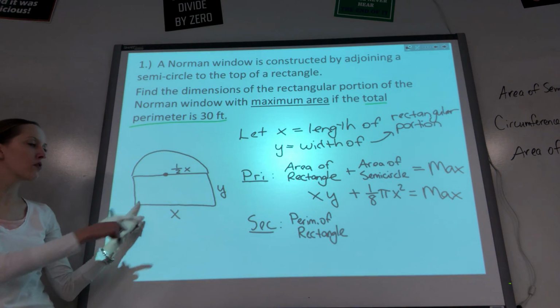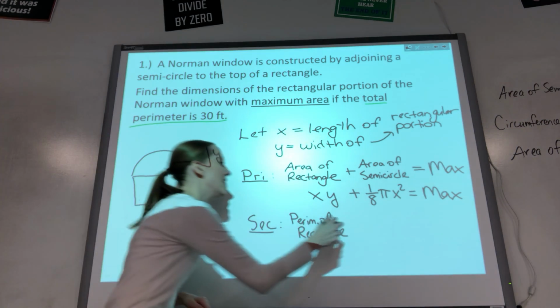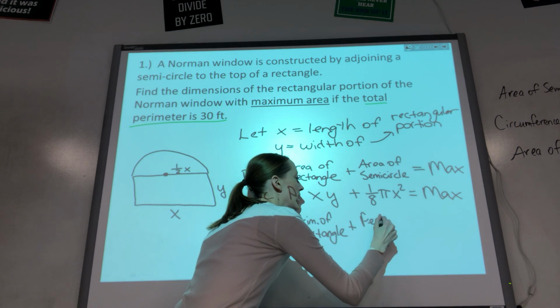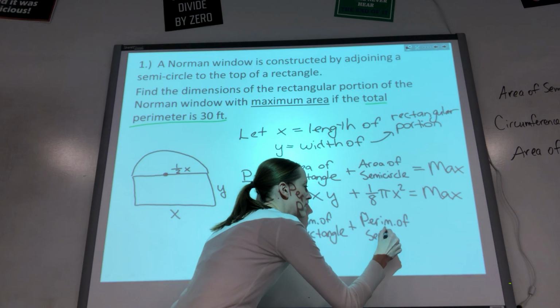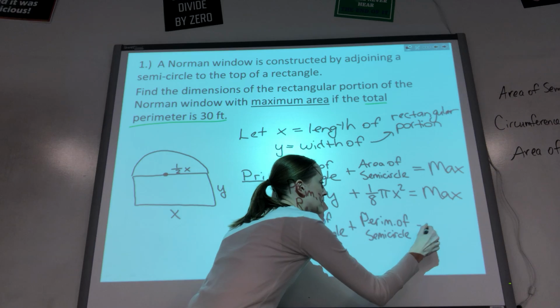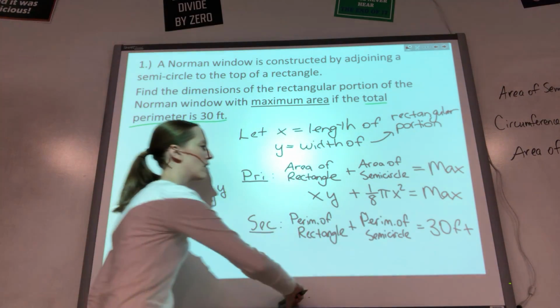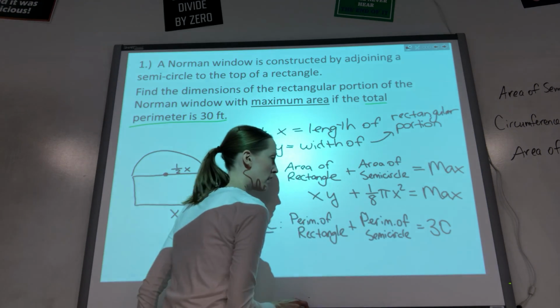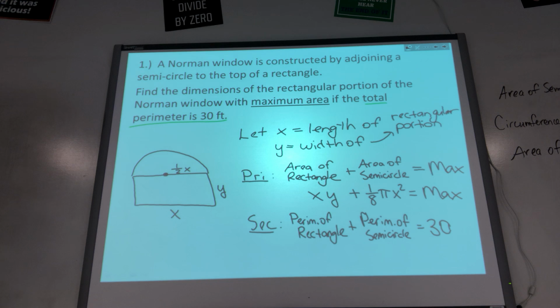So I'm putting perimeter of rectangle, even though I'm not really including that part, plus the perimeter of the semicircle. If I can add, and I probably don't need my units right now while I'm just doing the numbers, that perimeter altogether would equal 30.